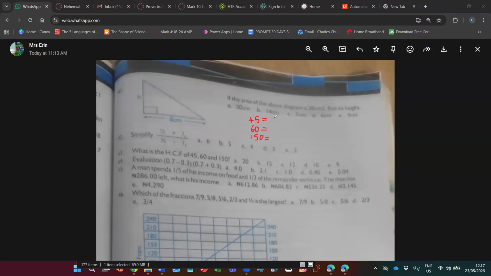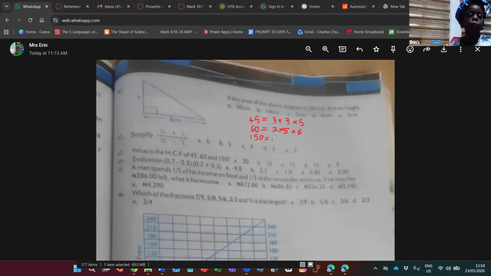Who can tell me what 45 is? We have seen 45 so many times today. 45 is 9 times 5. Let me be writing: 3 times 3 times 5, because 3 times 3 is 9.